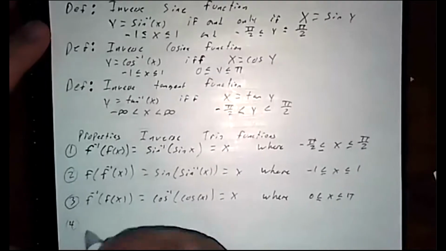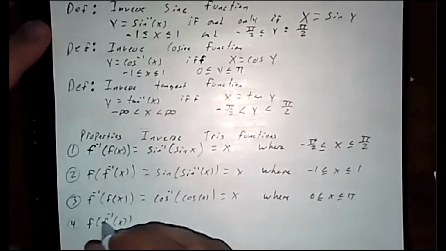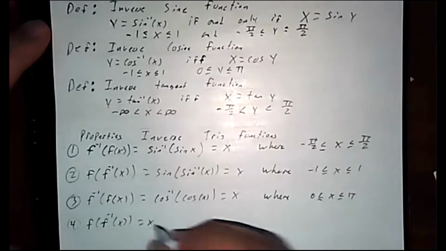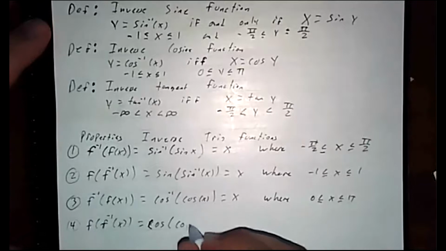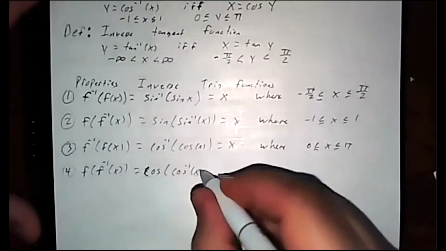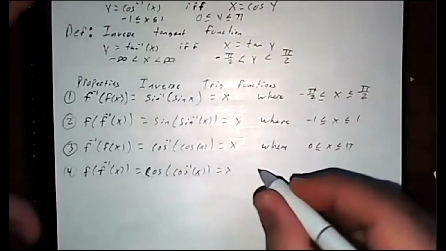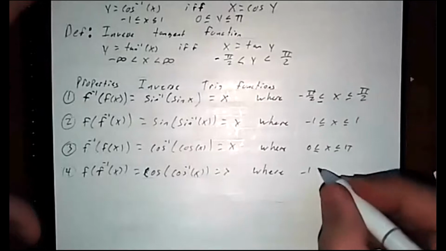Other way around, f of f inverse equals x. Oops, actually that would be cosine of cosine inverse. So that equals x when x is between -1 and 1.